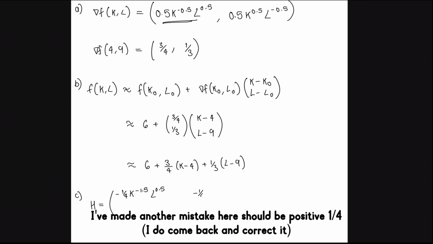So we get −1/4 k^−1.5 l^0.5, and then −1/4 k^−0.5 l^−0.5, and then over here −1/4 k^−0.5 l^−0.5, and then over here −1/4 k^0.5 l^−1.5.